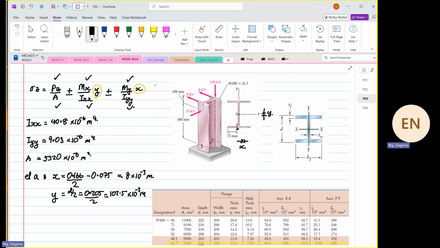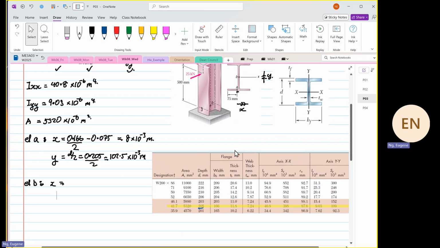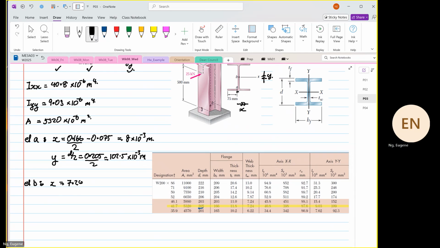So the next thing that we're going to look for, we are going to look at element B. Okay. So element B, the x is equal to what? So element B, the x is, so we are going to take TW, okay, 7.24 times 10 to the power minus 3 divided by 2. Okay, so 7.24 is equal to 3.62 times 10 to the power minus 3 meters.